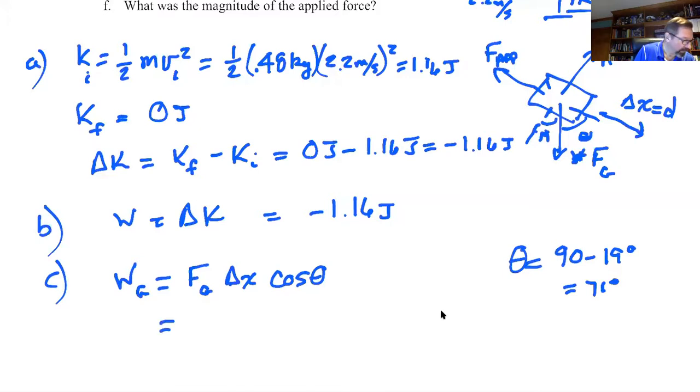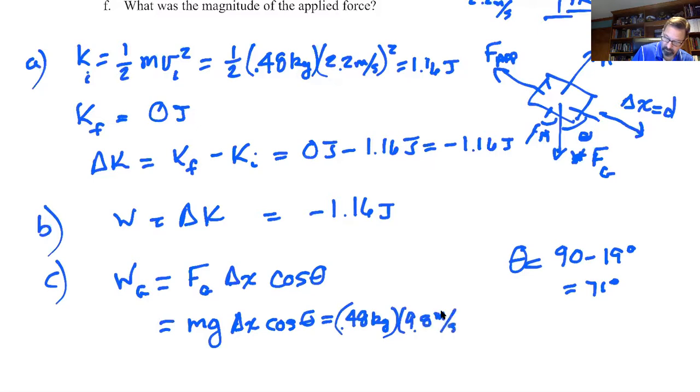What's the weight? The weight is the mass times the acceleration due to gravity. Okay, I've got the displacement. That's the 0.46 number, 0.46 meters. So I could just put delta x and the cosine of theta, theta being 71. Put those numbers in now. 0.48 kilograms, 9.8 meters per second squared.